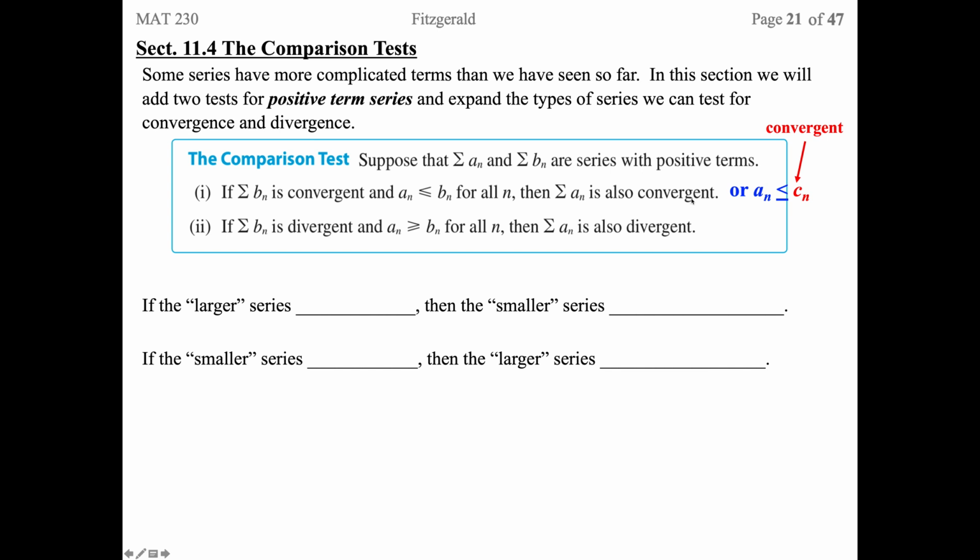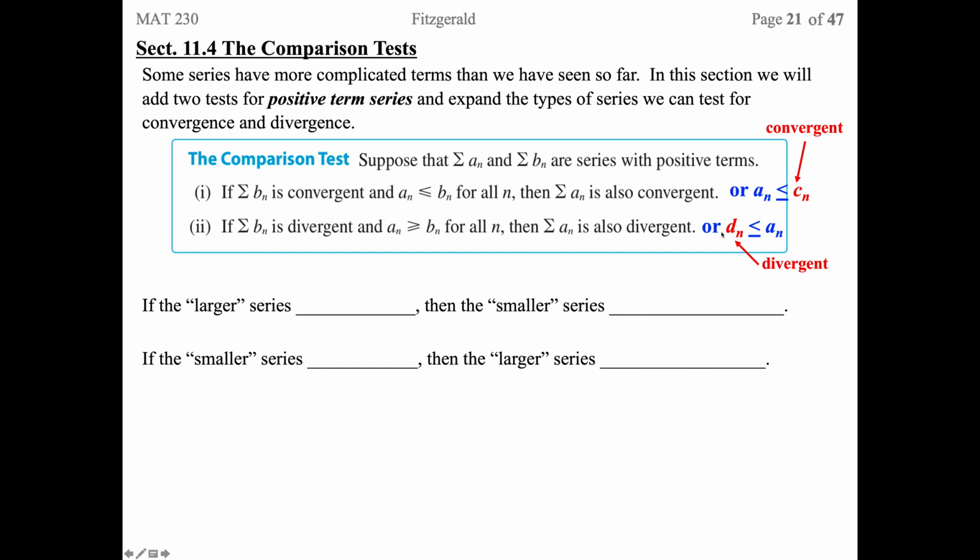Some authors and books, and I also like to do this, take out the B sub n when I know that it converges, and put C sub n over here. And then also, if B sub n is divergent and A sub n, notice we switch the inequalities around, is bigger than B sub n for all n, then the summation of A sub n is also divergent.